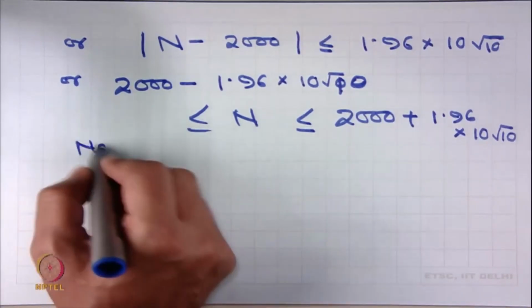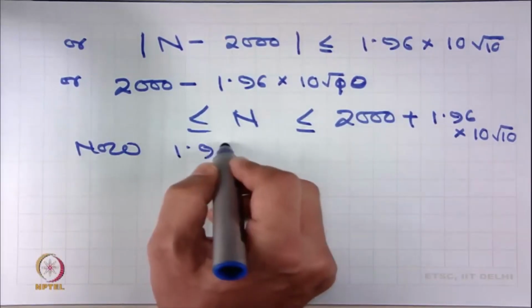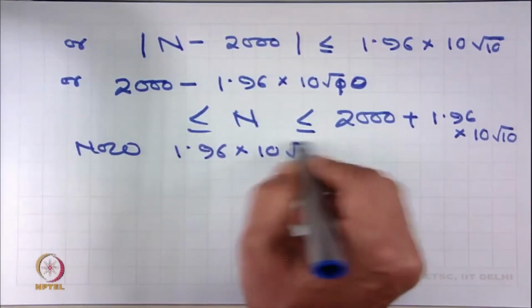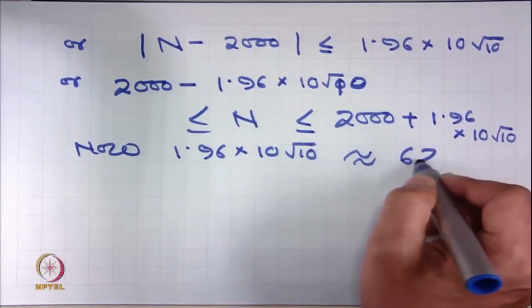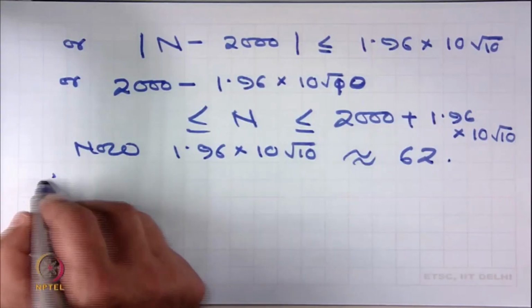Now, 1.96 into 10 root 10 is approximately 62.